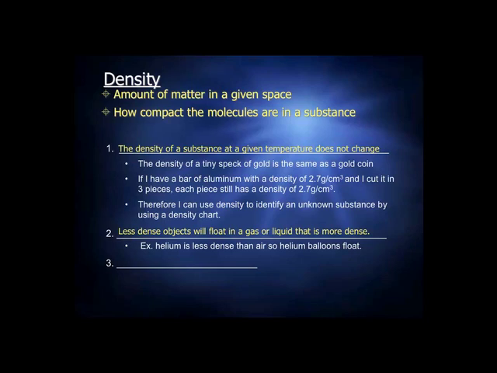All right, and then number 3. So density for objects remains the same, but one thing can alter the density of objects, and that's temperature. Doesn't that go against what number 1 says? What? The density of something at a given temperature is the same. So, like I said, the density of this aluminum at 20 degrees Celsius is 2.7 grams per cubic centimeter.